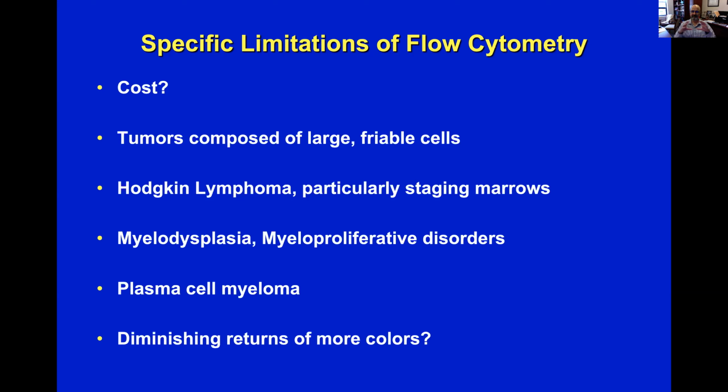Just the technology and the difficulty with the compensation and how to get around it, there might be a diminishing return of having more and more colors. Although if you can technologically get it done, if you can have 30 colors, you may be able to make powerful diagnoses on very paucicellular specimen. But there is a diminishing return.